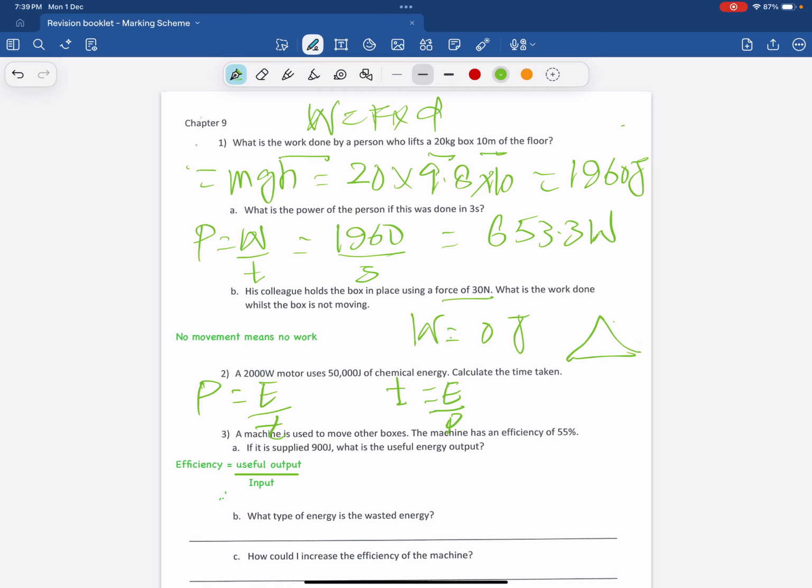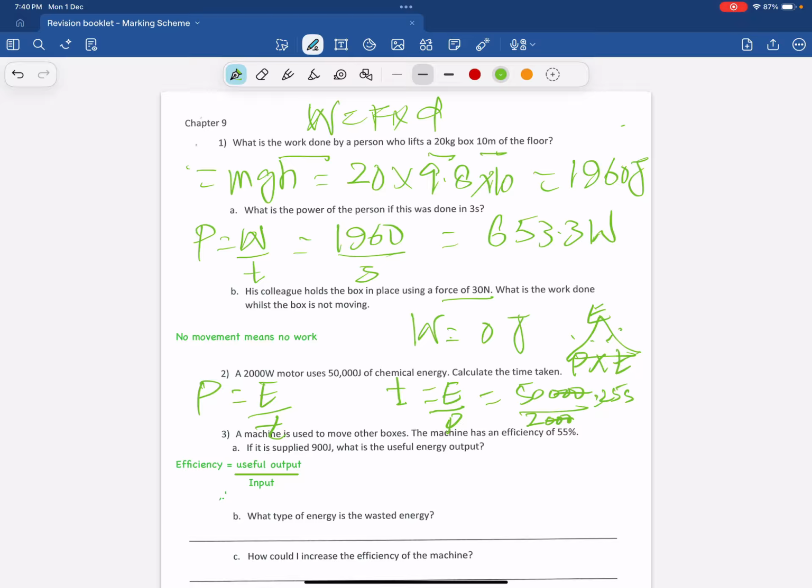If we have E is equal to P times T, you can easily understand that thing. If you want to find T, T is equal to E over P. Now I have got E is equal to 50,000 and P is equal to, given to you, 2000. And when you work this, I think it was 25. Yes, so 3 zeros and 3 zeros cancel. Yes, 25 seconds is the answer.